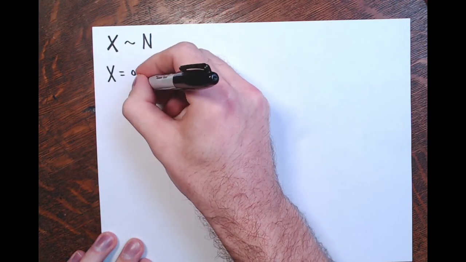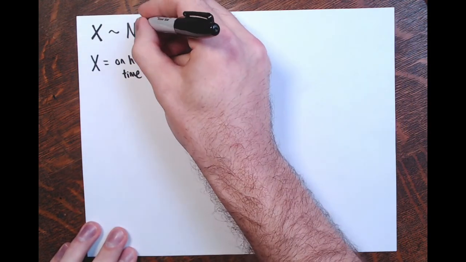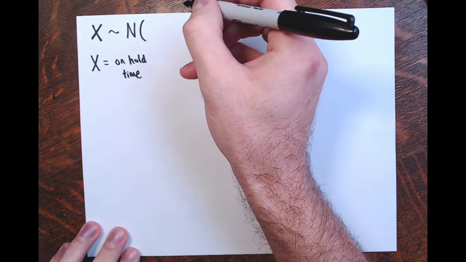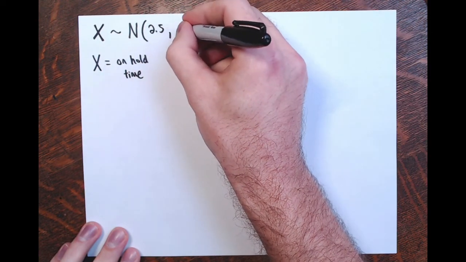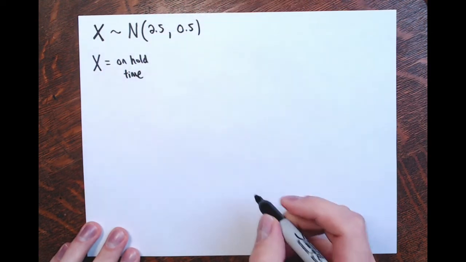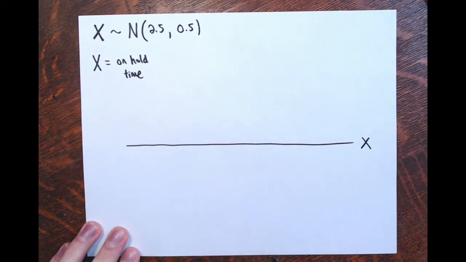Time on hold. How long are these people on hold for? And they said it is normally distributed with a mean of 2.5 minutes and a standard deviation of half a minute, 0.5 minutes. So I'll draw a little picture. So here's a number line for representing possible on-hold times.